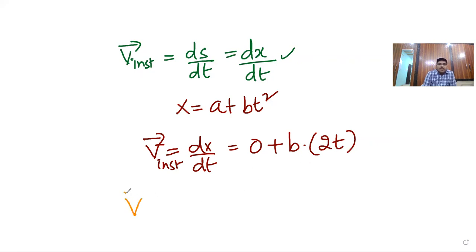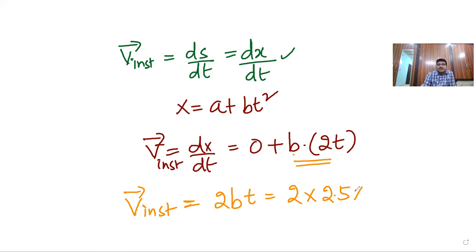Now the instantaneous velocity is directly 2 b into t. What is the b value given? 2.5 meter per second. At what time is it required? Clearly at t is equal to 0. At t is equal to 0, substitute 0 here.